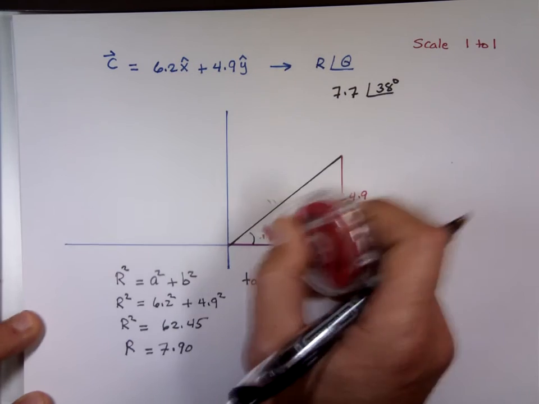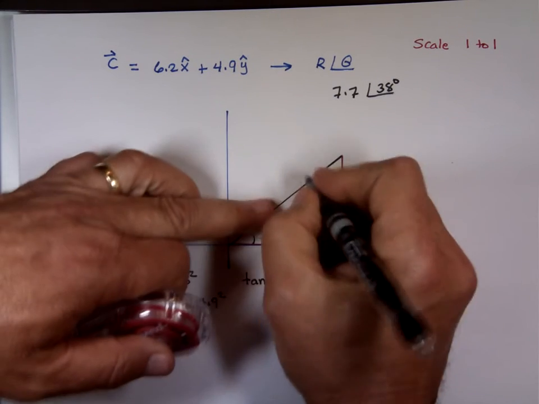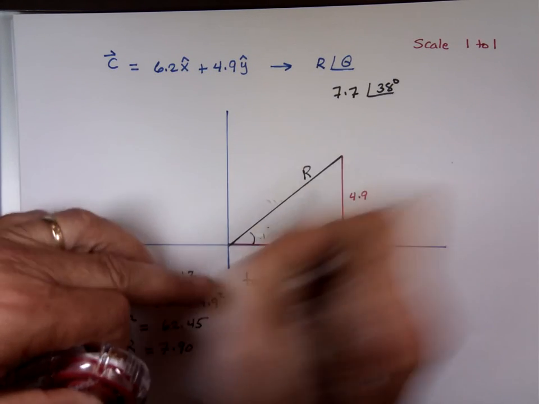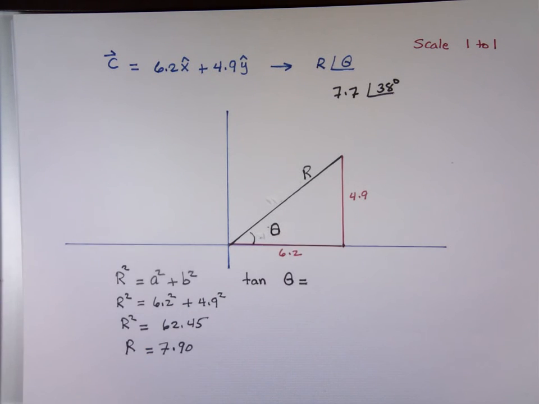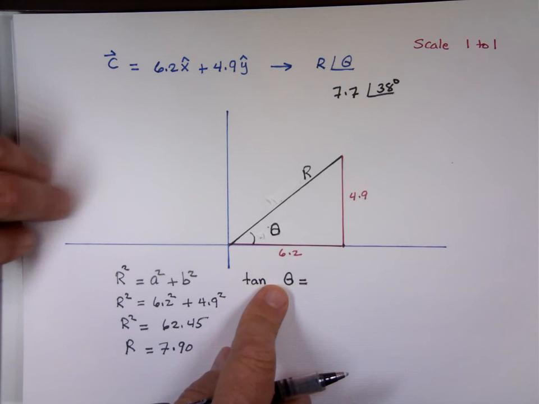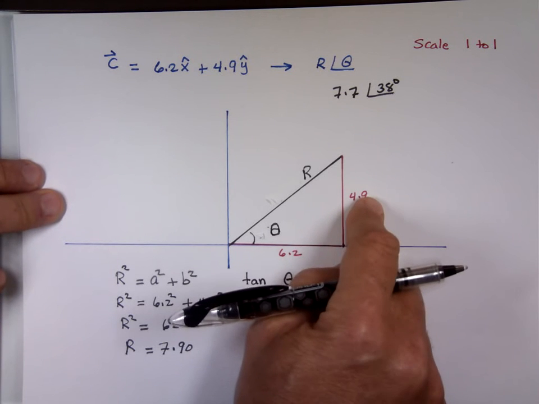So this is r, and this is theta. Definition of tangent theta is what? The opposite over the adjacent from Sohcahtoa.